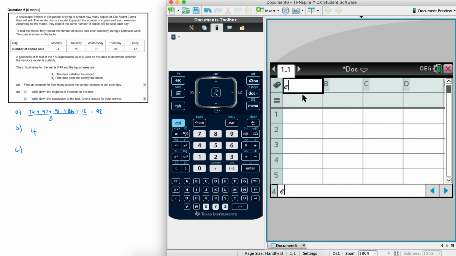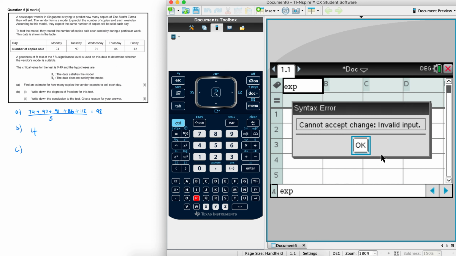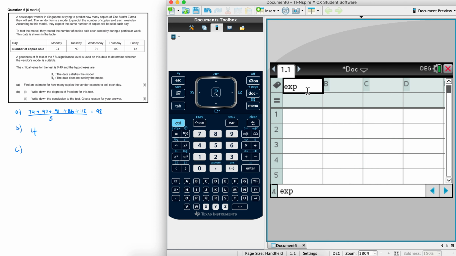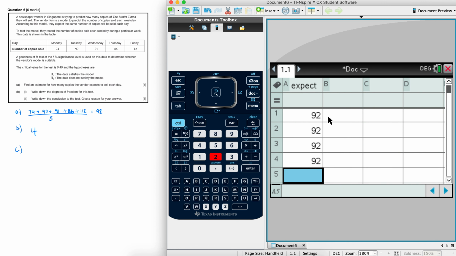The expected data is that it would be 92 every day, so all 5 days would be 92.